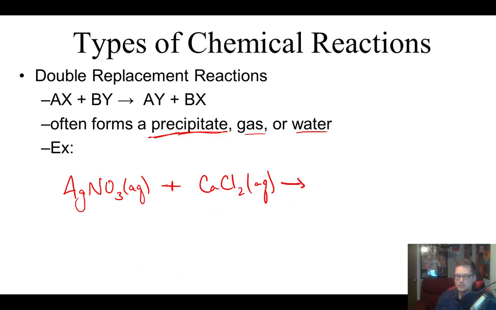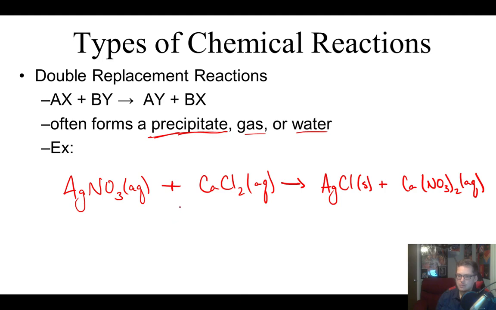The silver goes with the chlorine. Now silver, remember, always forms a +1 ion, so it'd be silver chloride. Now this, I happen to know, makes a solid, and we'll talk about why that is in a couple of videos. And then the calcium goes with the nitrate. Calcium has a +2 charge, nitrate has a -1 charge, so that means we need 2 of these nitrates. So you end up with this guy here.